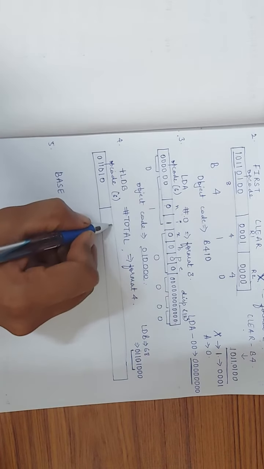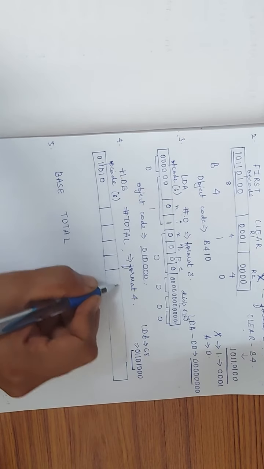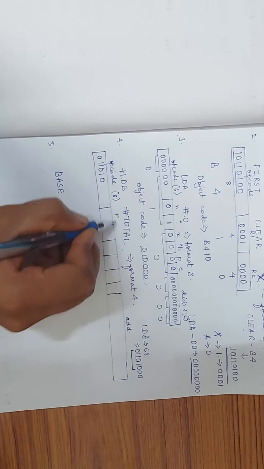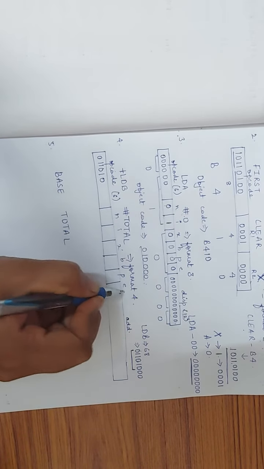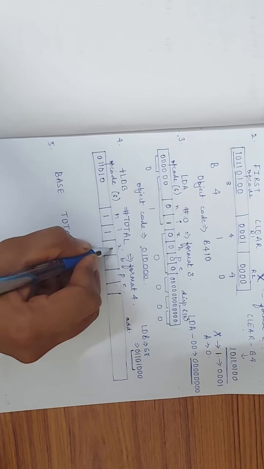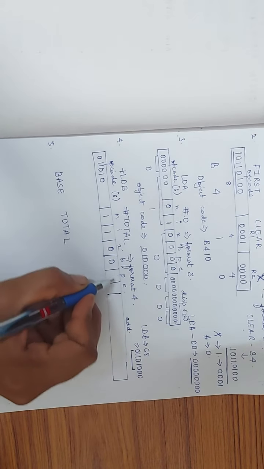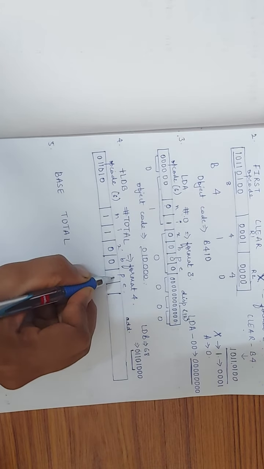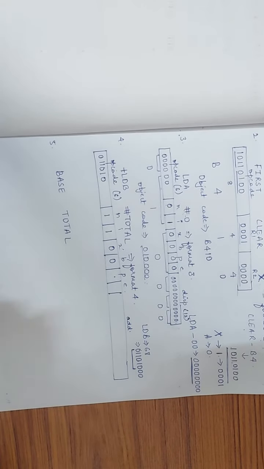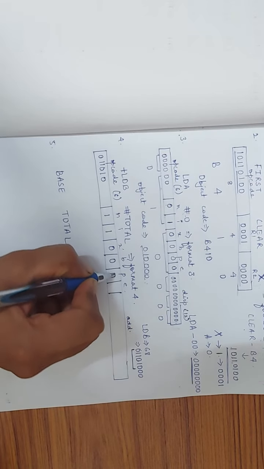Okay, now this is the place for storing our flags NIXBPE, and this is for the address. It is not indexed. It doesn't use the base register, and it neither uses the program counter, and hence those will be 0.